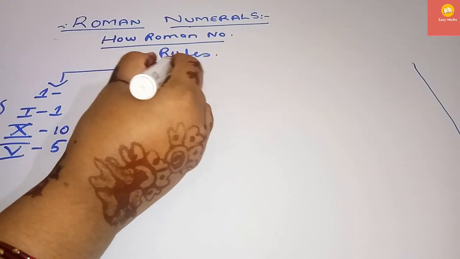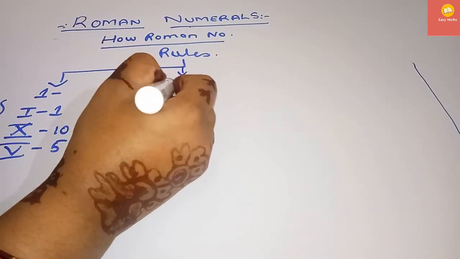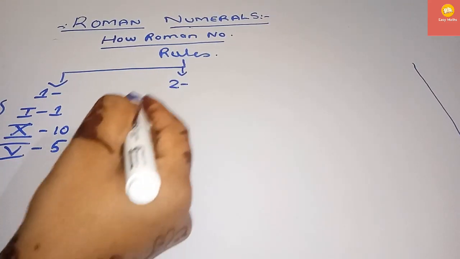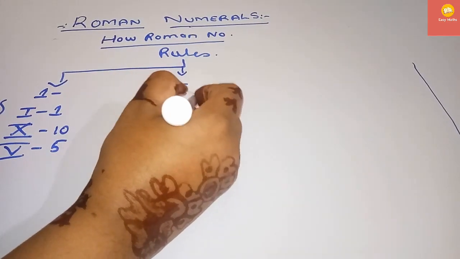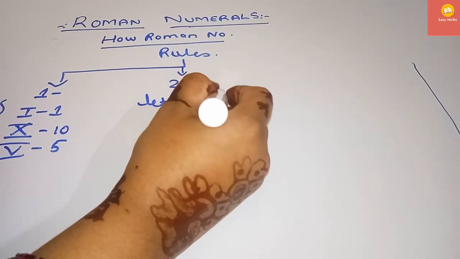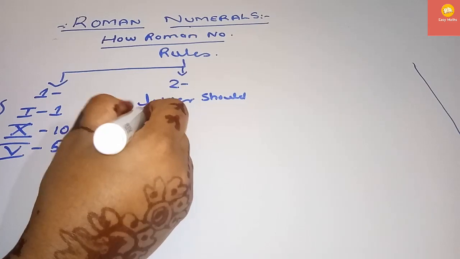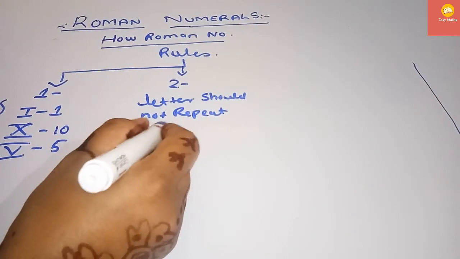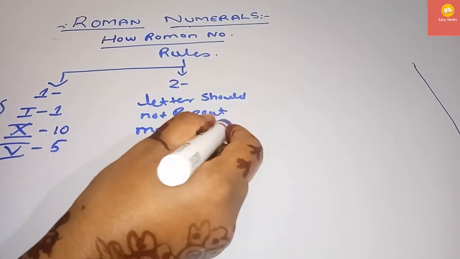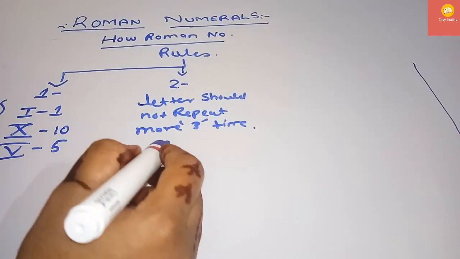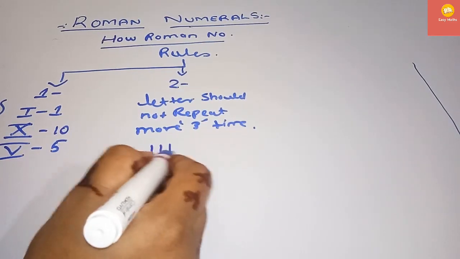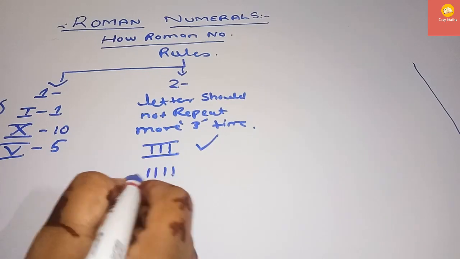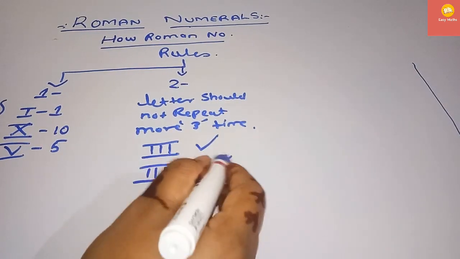Now what is rule number 2? Rule number 2 is that a letter should not repeat more than 3 times. It means we can write triple I, it is correct, but we cannot write I 4 times, it is incorrect.